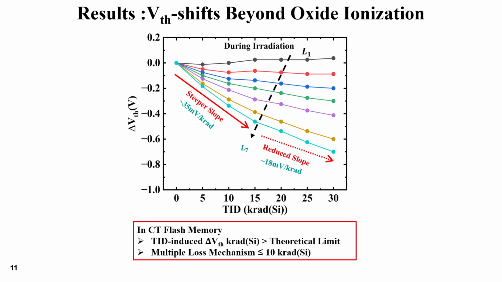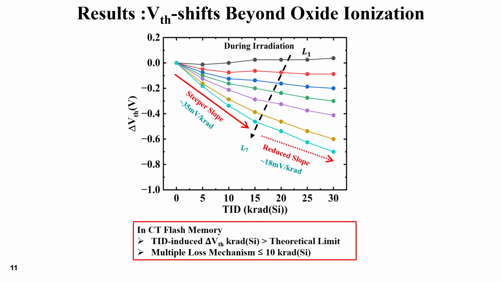And in the higher states, like from L4 to L7, we see that at some point between 10 kilorad and 15 kilorad, the slope of the VT loss changes. And when we analyze the VT shift slope versus dose, we see two distinct regions. Let's examine the characteristic of L7 VT loss.